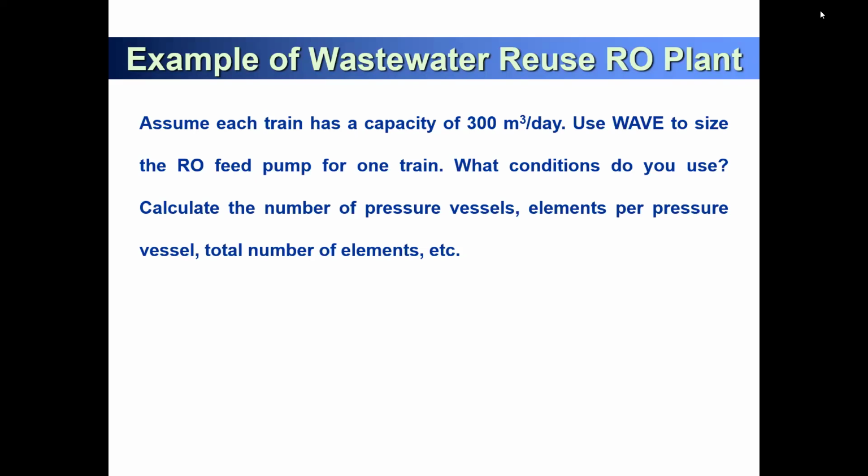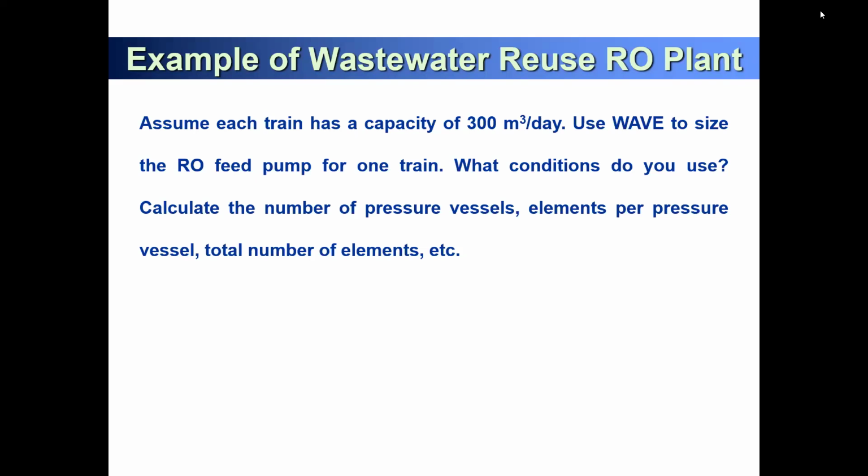So we make a smaller size design and use WAVE to size the RO feed pump for one train. What conditions to use? We calculate the number of pressure vessels, elements per pressure vessel, and total number of elements. This is similar to your assignment 3.